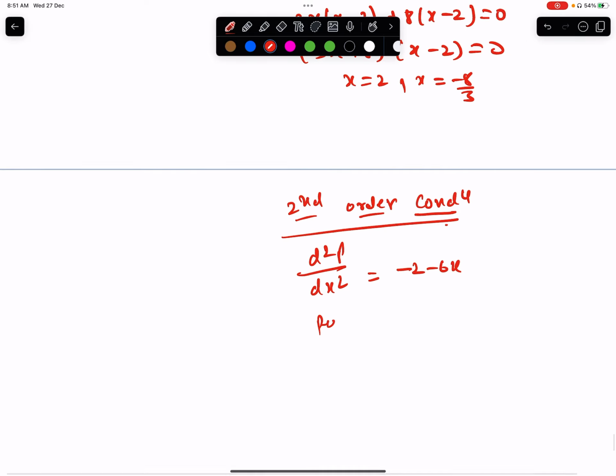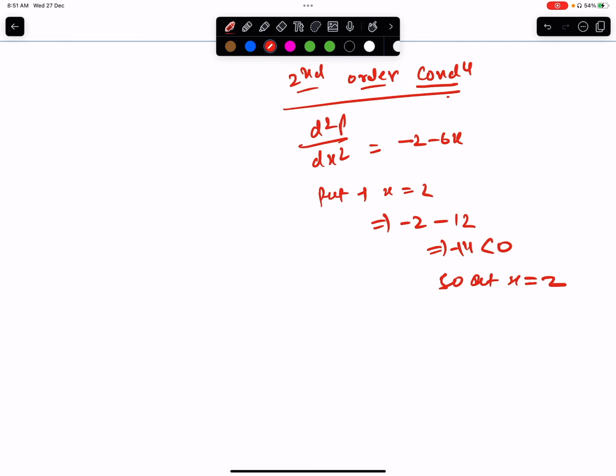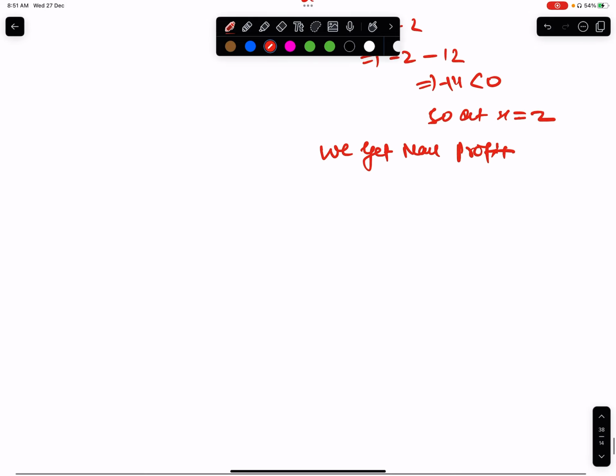Putting the value x equals 2, we get minus 2 minus 12, minus 14, which is less than 0. So at x equals 2, we get the max profit.